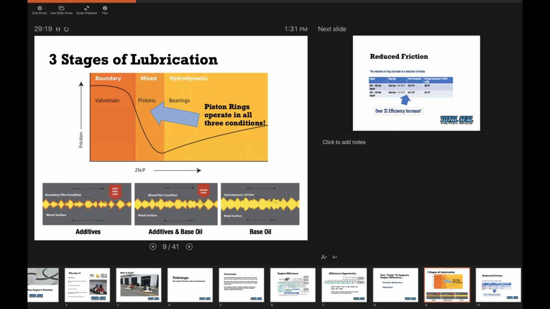You know, a camshaft's going to be in the boundary condition the majority of the time. Every degree of lift is going to be in boundary condition. It's going to be in the mixed condition on the base circle. Your engine bearings are always going to be running in hydrodynamic except at startup.